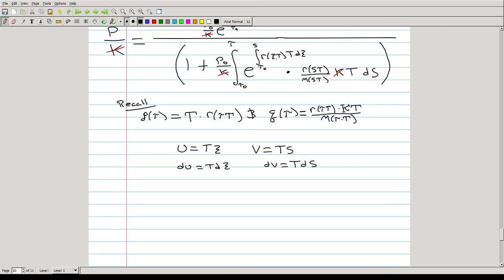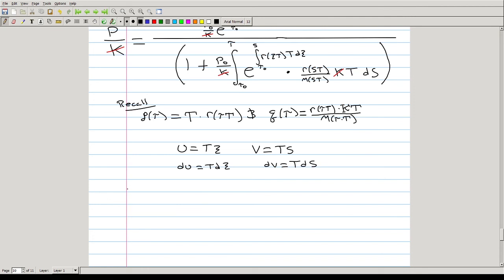And the bounds also change, because when xi is equal to tau naught, then u is equal to t naught, and so on and so forth.